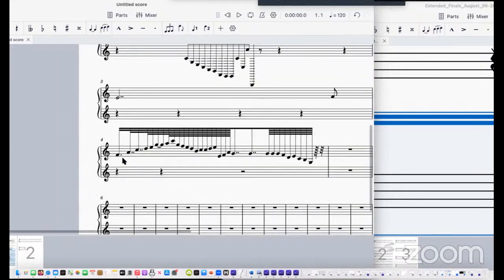The next one, the dotted 16th note is 1/16 plus 1/32. The double dot 32nd note is 1/32, 1/64 plus 1/128. That's the double dot 32nd, the same as 32nd, 64, 128.